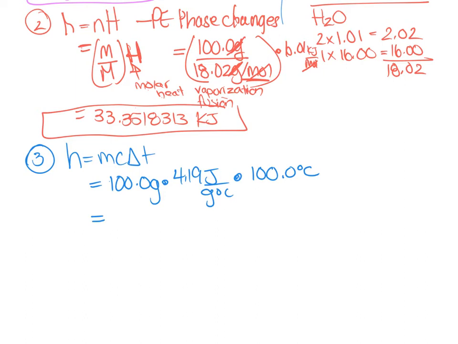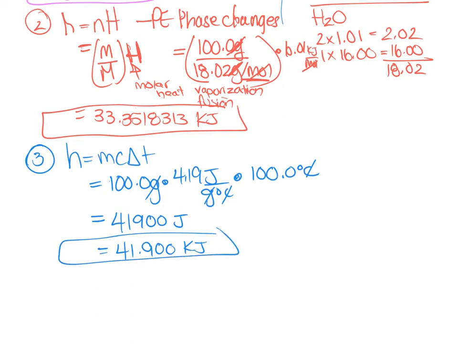Okay, and so what we have is 100 times 4.19 times another 100, right? Remember that this is going to be in joules, because grams cancels off grams, degrees Celsius cancels off degrees Celsius. I'm going to change it to kilojoules. So there's my number 3.